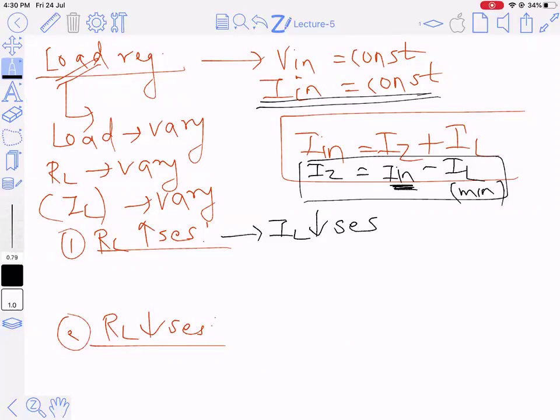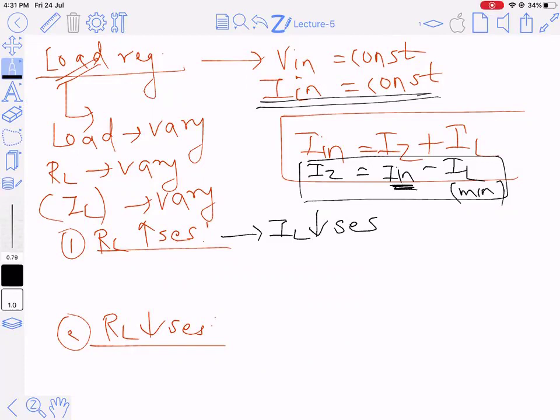So the output voltage will decrease, yes, but I don't want it to decrease. I need the output voltage to remain constant.